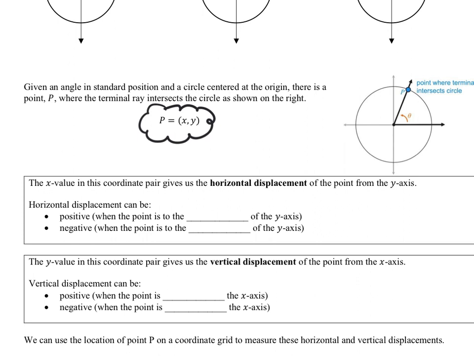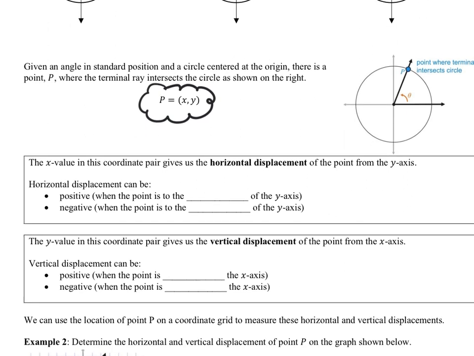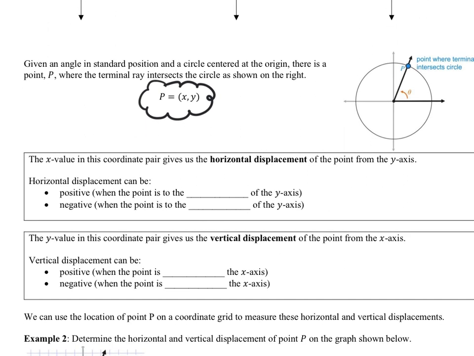But what's cool about this is that the coordinate pair gives us the displacement of this circle. The x value in the coordinate pair gives us the horizontal displacement. I'll highlight the x in the same letter. What I'm talking about with horizontal displacement from the y-axis is looking at this terminal ray.